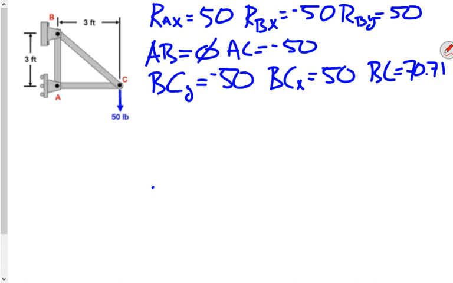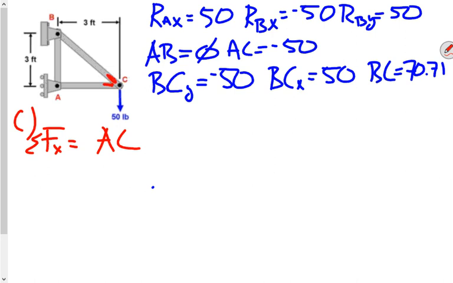So let's look at C real quick. Let's do some of the forces in the X direction. What forces do we have in the X direction? What members do we have going on in the X direction? So we have AC, and then we also have, we're looking at C, so AC, we have this piece and we have this piece.